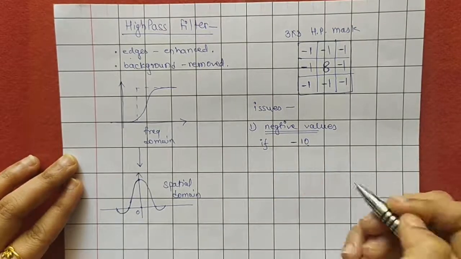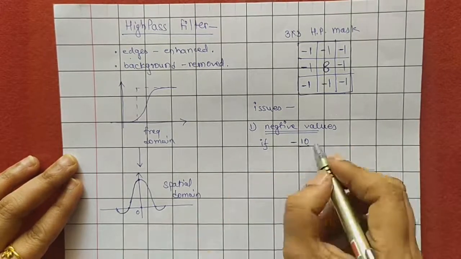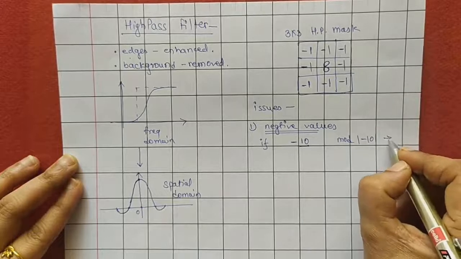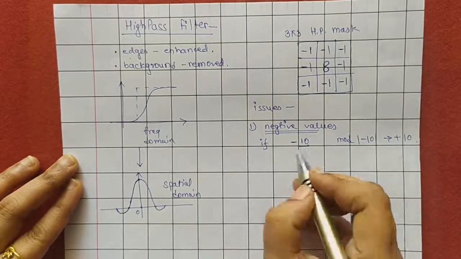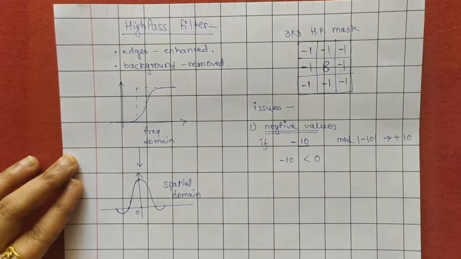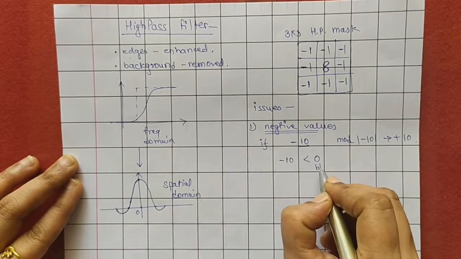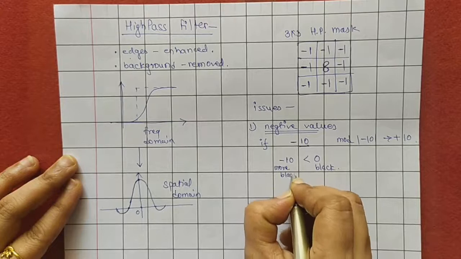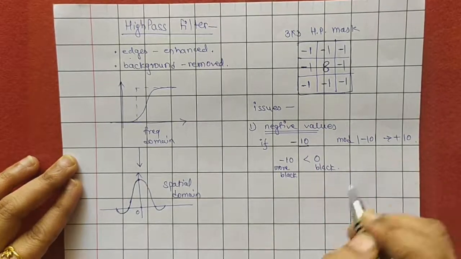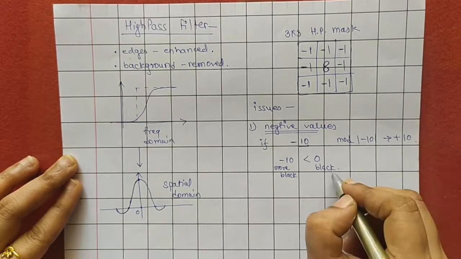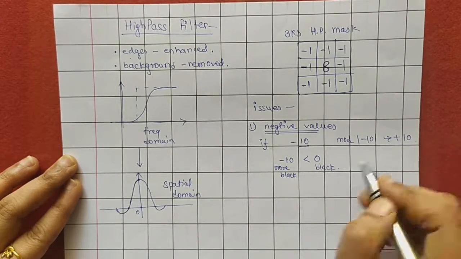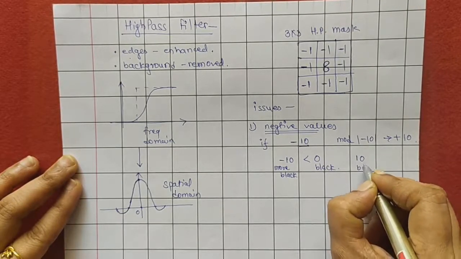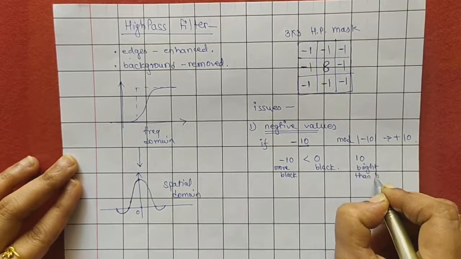So what can we do with these negative values? If we take the mod of this -10, it will become +10. But -10 is less than 0, and 0 is nothing but black, and -10 will be more black than this black. If we take the mod, it will be represented as bright, since +10 is brighter than this black color.